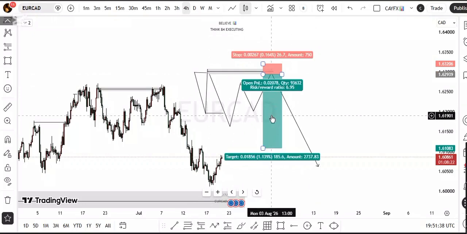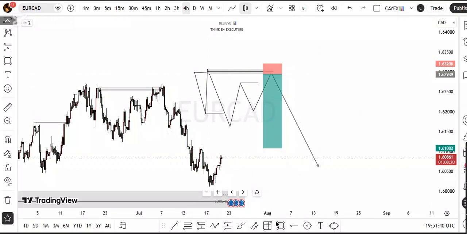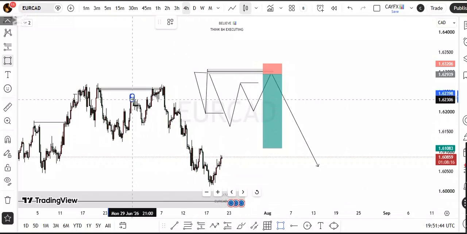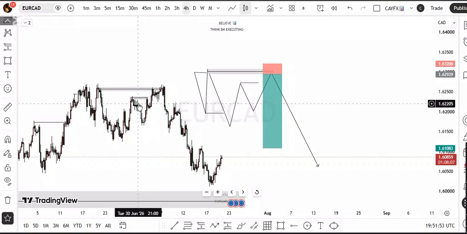Now see what happened here. This gave a break of structure, and if you go down to your lower time frame, you find that this POI has not been mitigated.